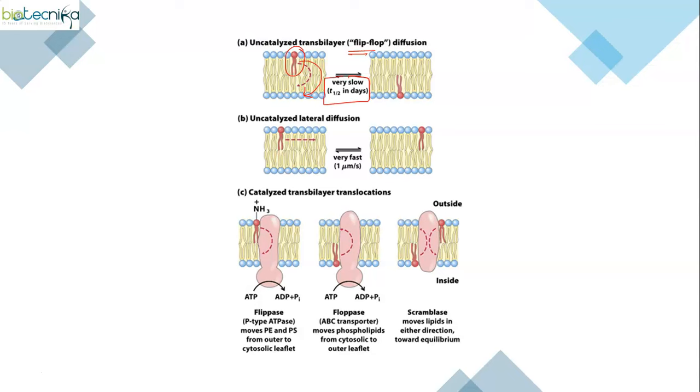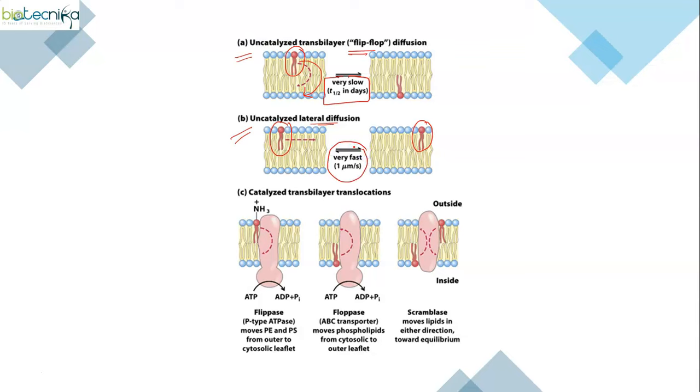But if you see on the other hand, lateral diffusion means adjacent, that means on the same lane. As you can see, this phospholipid diffused towards this direction. So compared to the uncatalyzed transbilayer diffusion, uncatalyzed lateral diffusion will be faster.